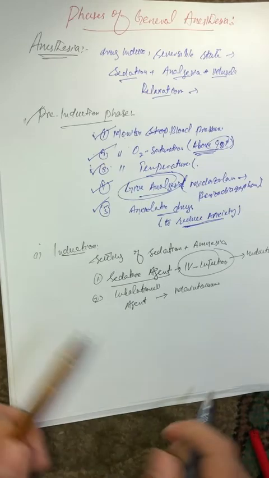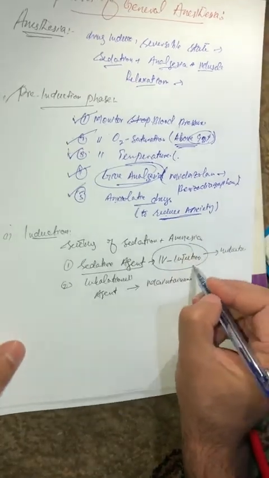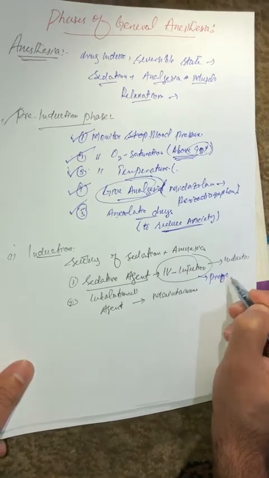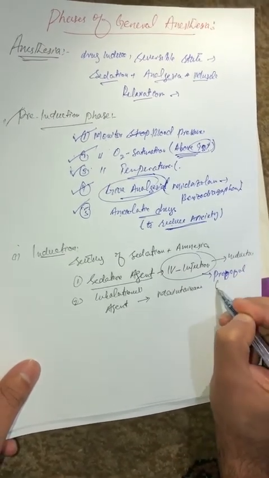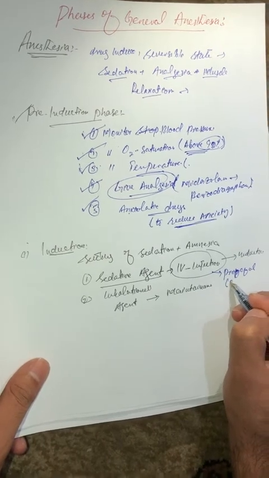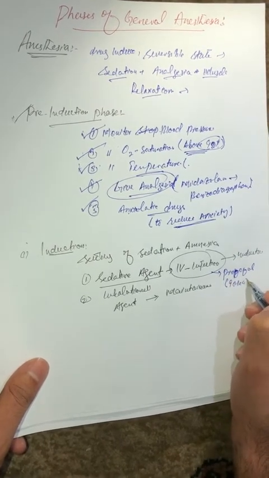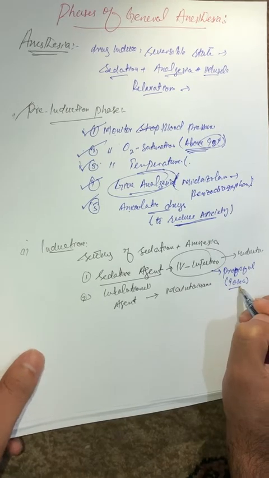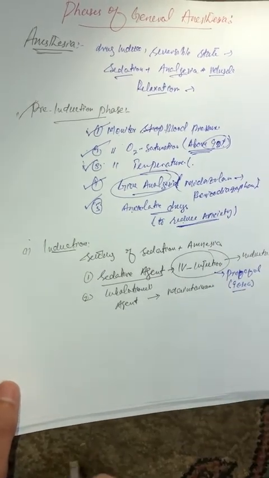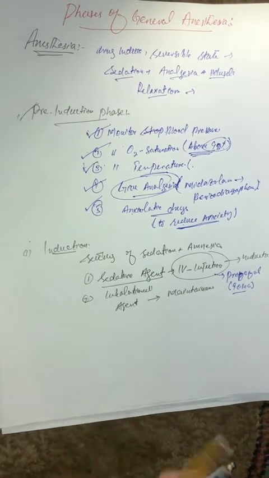Remember the names of the IV agents. We have studied the most common one, which is propofol, whose action time is 90 seconds, with the least side effects and the least post-operative complications, nausea and vomiting.